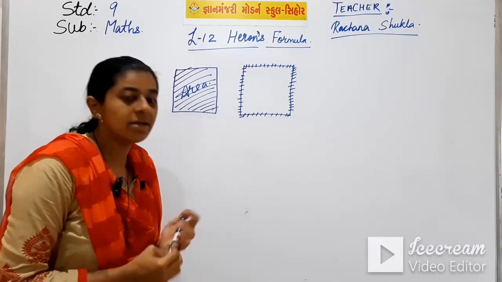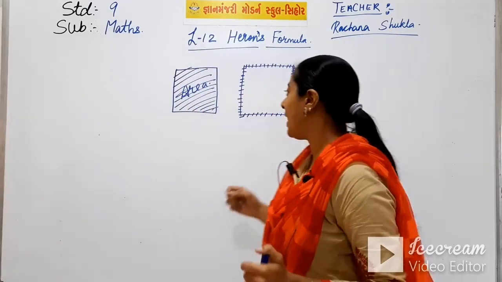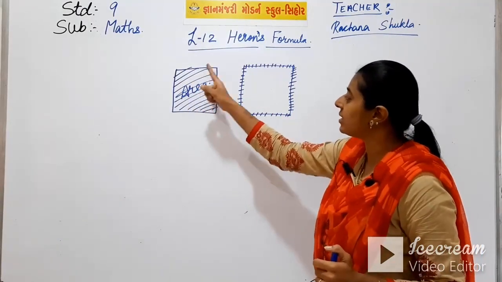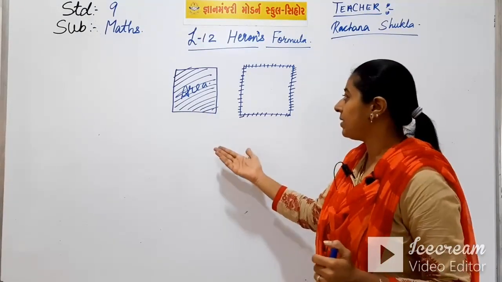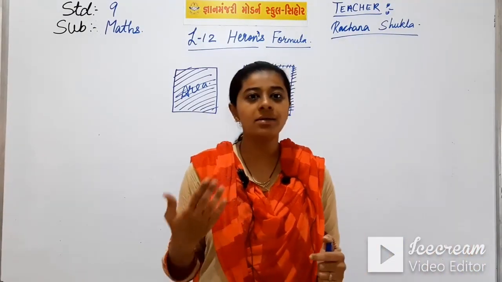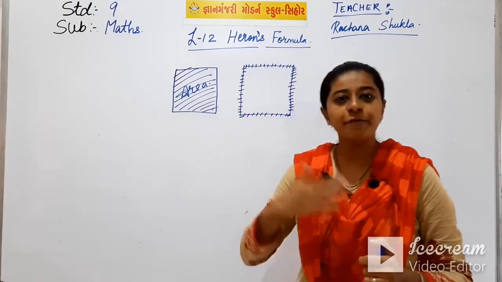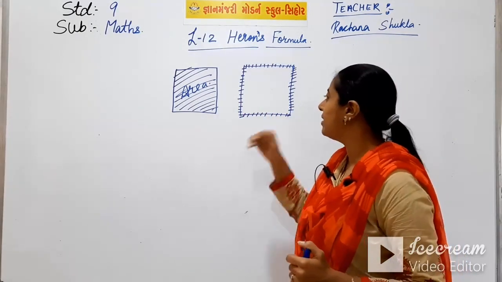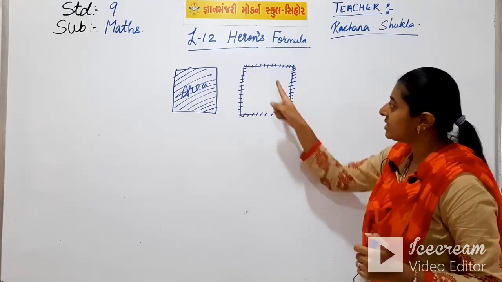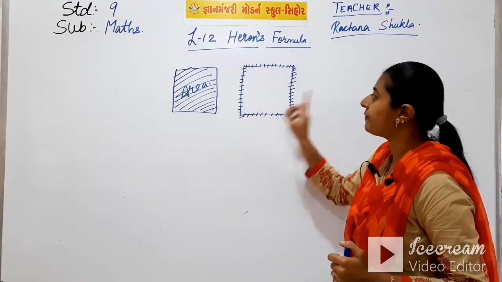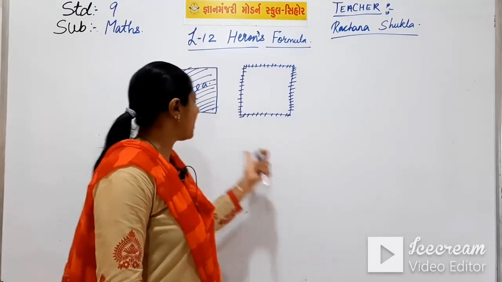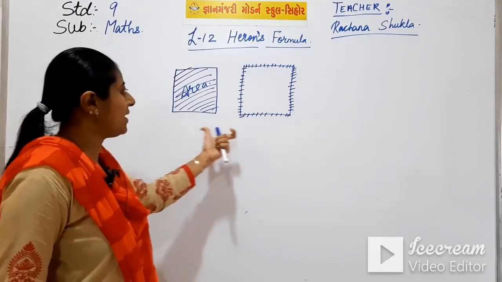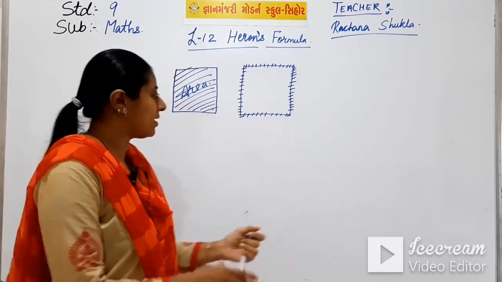So there is a difference between area and perimeter. Area means the innermost portion of any figure, either it may be square, rectangle, triangle, trapezium, any form of quadrilateral, anything. And perimeter means the boundary of any figure. So now it might be clear what is area and what is perimeter.